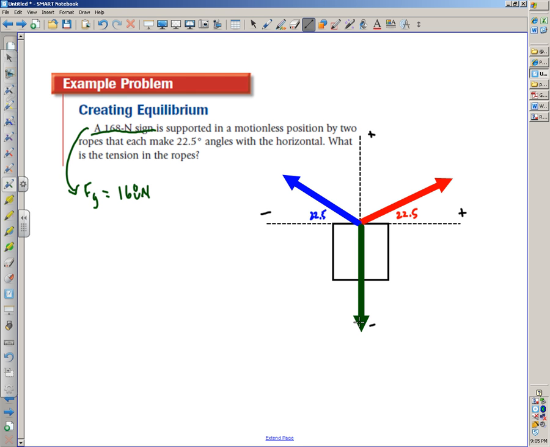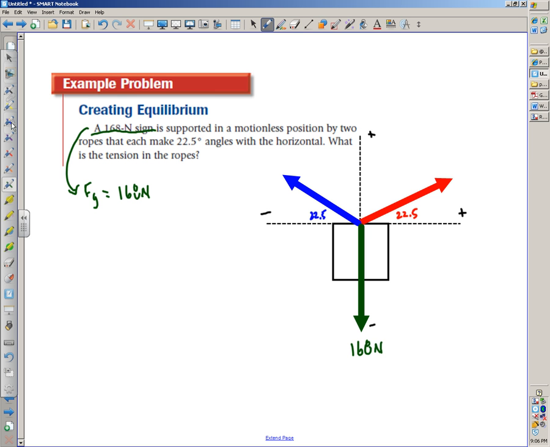So we have a third force acting on this sign. Generally, we draw our forces starting from the beginning of the object, but because of the way they gave us the angles in this problem and what our frame of reference looks like, I decided to start it at the top.